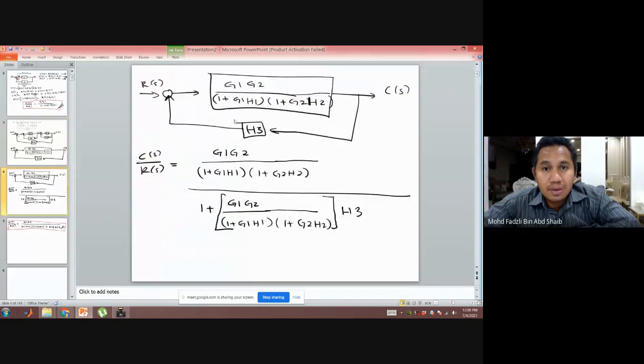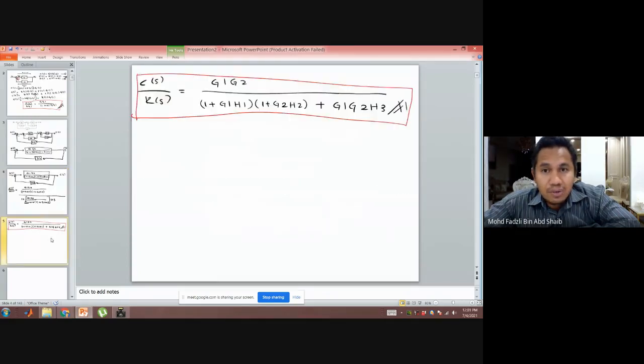Finally, we come here and solve the question. This becomes one big G, this one over 1 plus this one times H3. Finally, we got this answer. It's hard for me to show one by one, but this is the answer. You can try to solve by yourself again. Next, I show you another question.